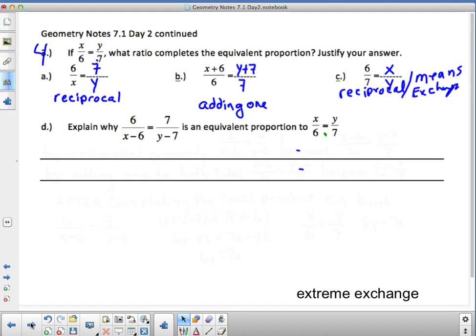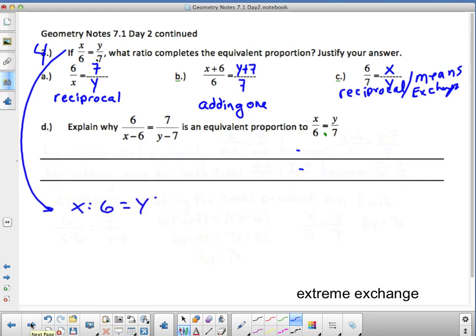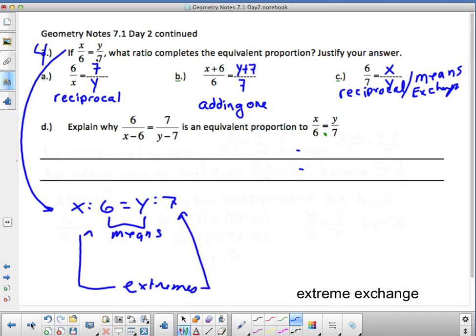Yes, sir. If I'm looking at the extremes, remember if I take this original property and I'm talking about x to 6, y to 7, the insides are the means. The outsides are the extremes.